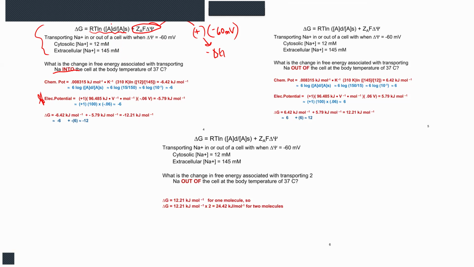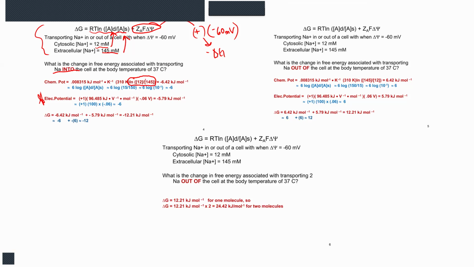So what that means is our destination is 12. Our extracellular is 145. Make sure that your units are millimolar. So if you have a calculator, plug all this in, and you'd get the natural log of 12 over 145. 12 is our destination, the cytosolic concentration of Na+, and 145 is our extracellular concentration of sodium.